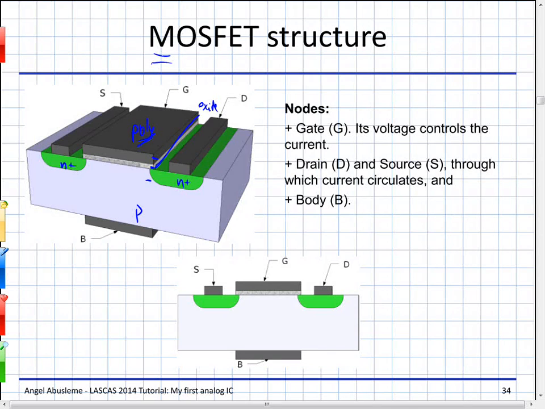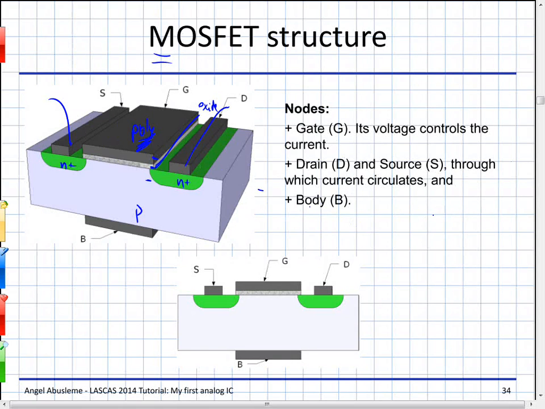So we keep saying MOSFET, okay? But it's poly. So it's a polysilicon gate which has a low resistivity, not as low as metal, but still we use poly, and it's very convenient for fabrication. And we do have metal connections to the different diffusions. Okay, so we have gate, drain, and source here, and we have the body.